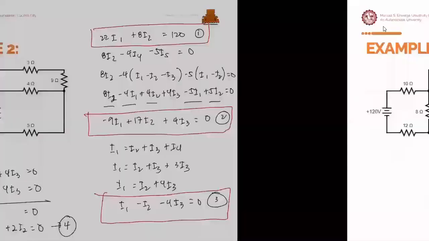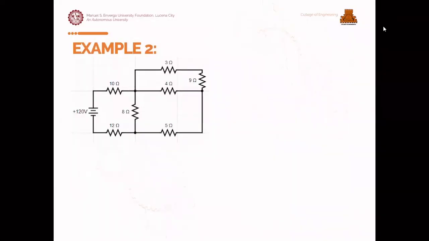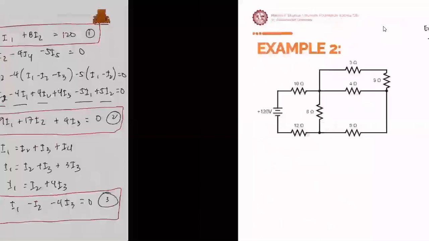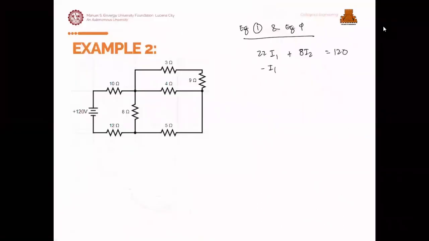Using equation 1 and equation 4. Okay? So equation 1 natin is 22I1 plus 8I2 equals to 120. Then equation 4 natin is negative I1 tsaka 2I2 is equals to 0.